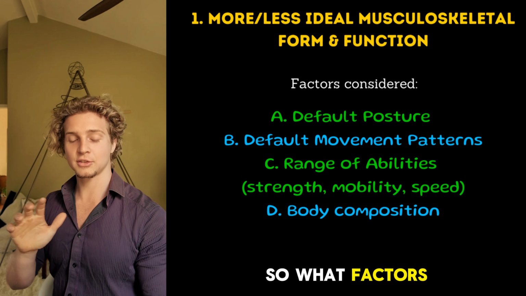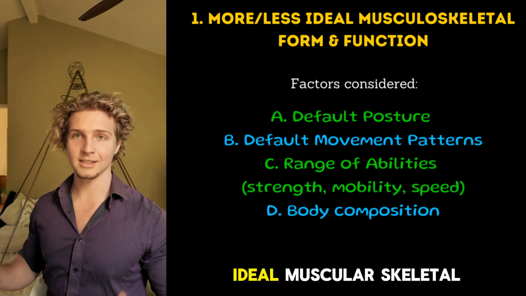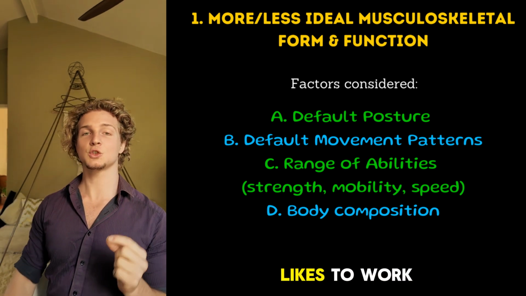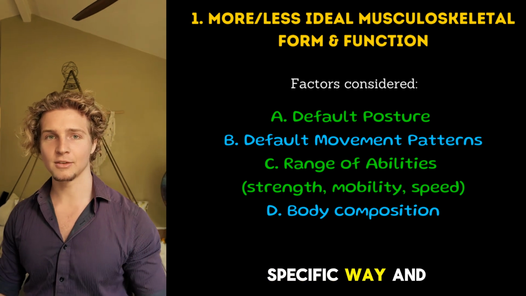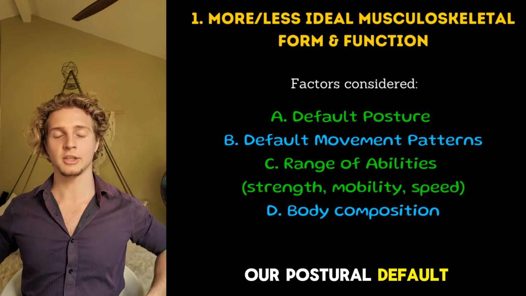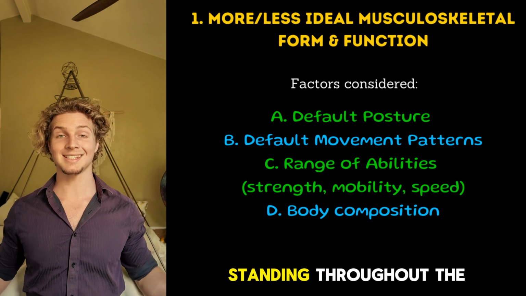So what factors are we considering when we talk about the more or less ideal musculoskeletal form and function? The human body likes to work in a very particular, specific way. And the factor that we consider here is, what is our postural default? If we close our eyes, take a couple of steps, open our eyes, how are we standing?